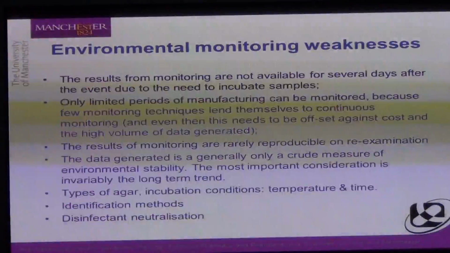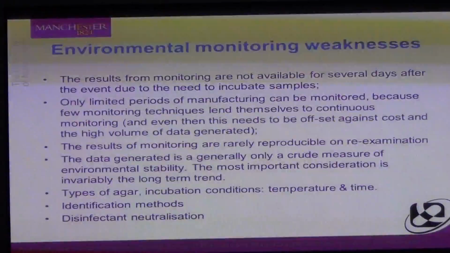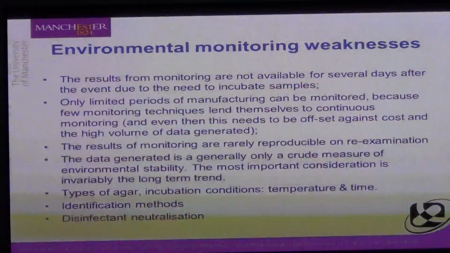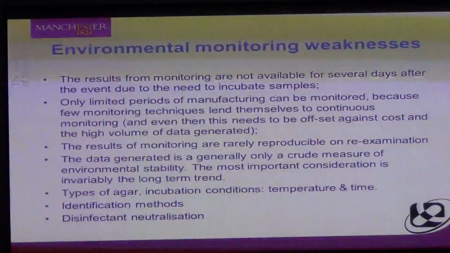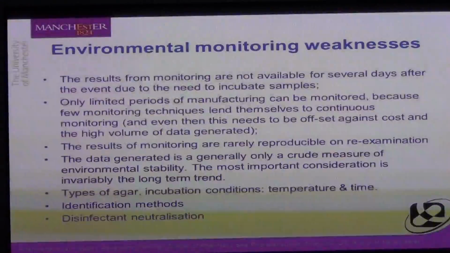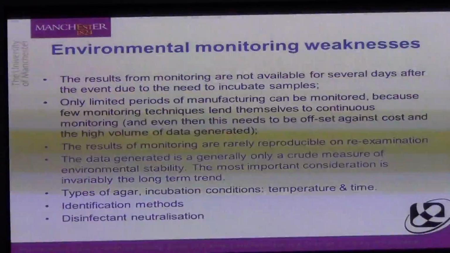Another weakness is that we can only look at certain periods of manufacturing because we've only got so many techniques and we've only got so much time and we can't capture everything. Another weakness is that the results are often not reproducible.